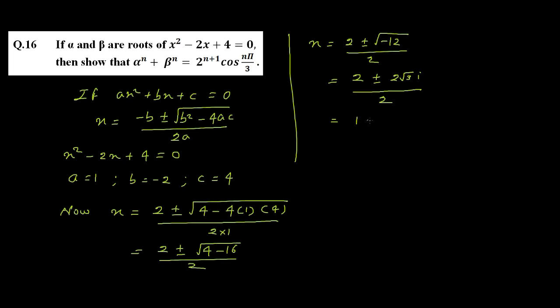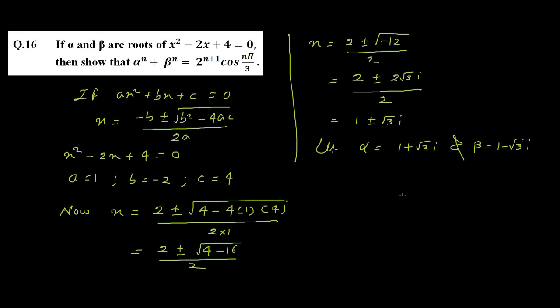And here we are getting 1 plus or minus root 3 iota. That means we are getting two roots, that is 1 plus root 3 iota, and the other one is 1 minus root 3 iota. So let alpha be equal to 1 plus root 3 iota, beta is equal to 1 minus root 3 iota.